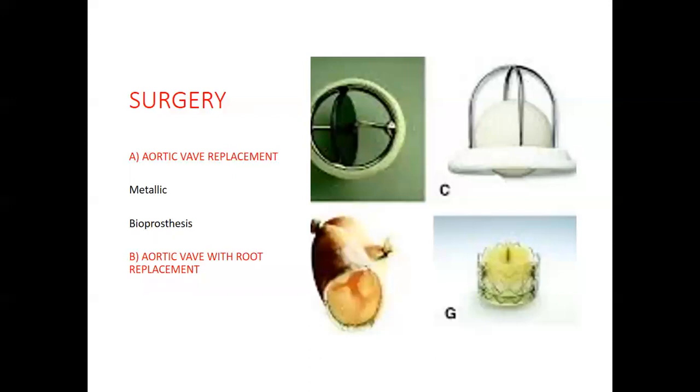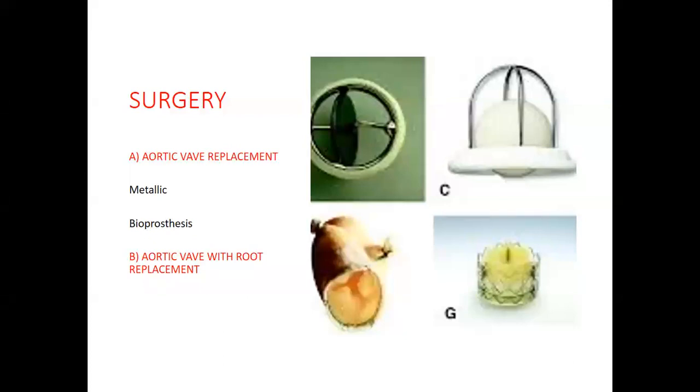And in those patients who have disease of the aorta alongside disease of the aortic valve, you replace both the valve as well as some part of the aorta itself. There is some prosthetic material in which the valve and the initial part of the aorta are already formed by technological methods, and you replace the aortic wall along the root of the aorta.